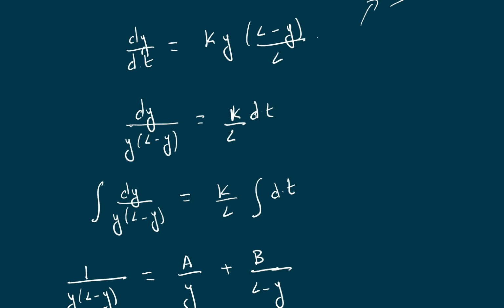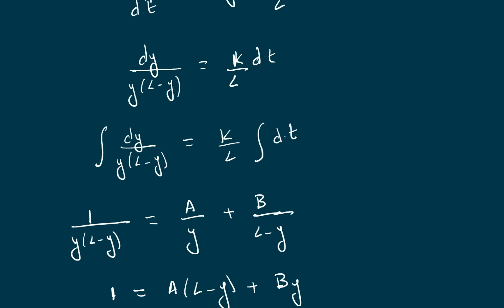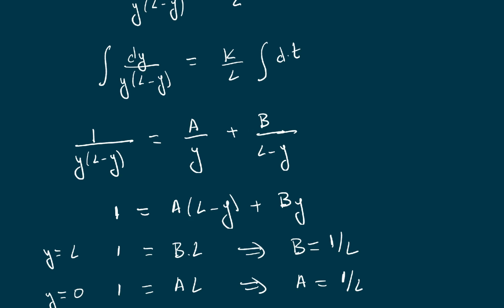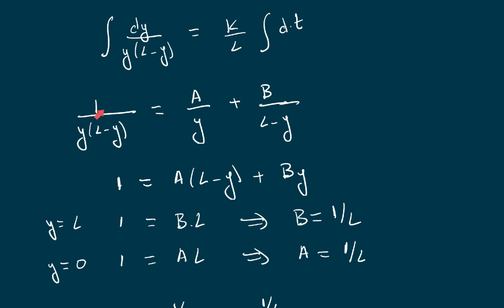So I make separation of variables, I integrate both sides. I do partial fractions here, a divided by y, b divided by L minus y.